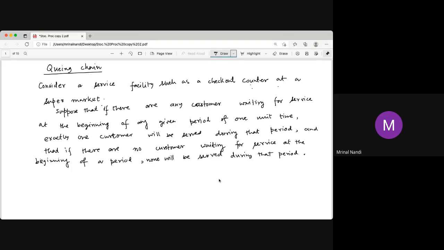This is the assumption. Now let zeta n, which is a random variable, denote the number of new customers arriving during the nth period, so it is xi n at the nth period, the nth minute or nth unit.